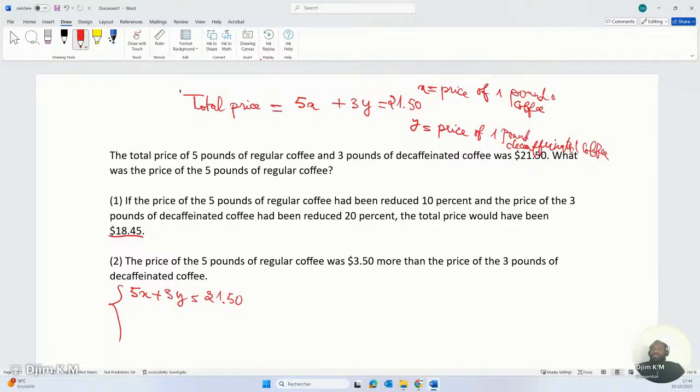So that will be 5x plus 10% of 5x plus 3y plus 20% of 3y, which will be equal to 18.45.